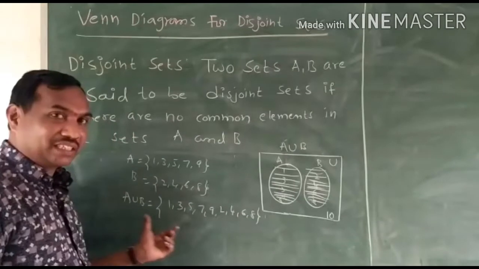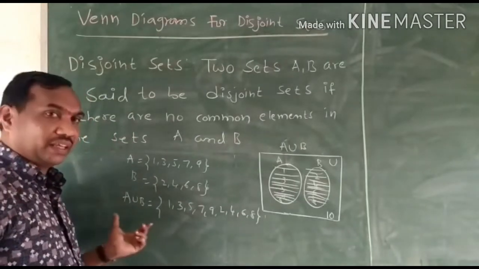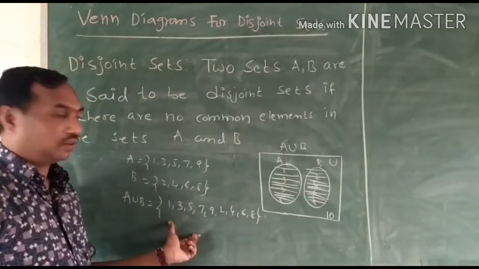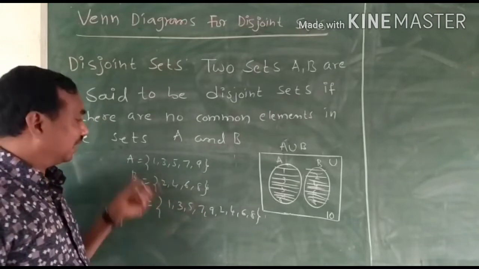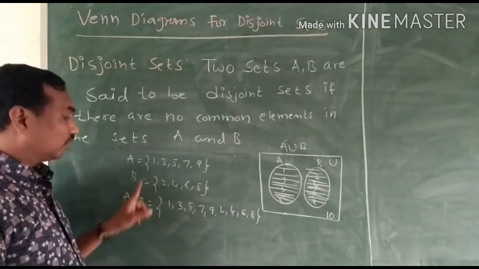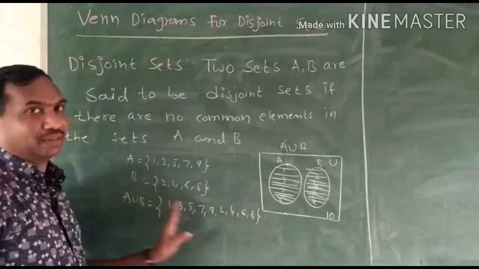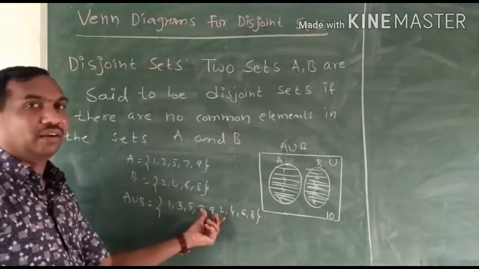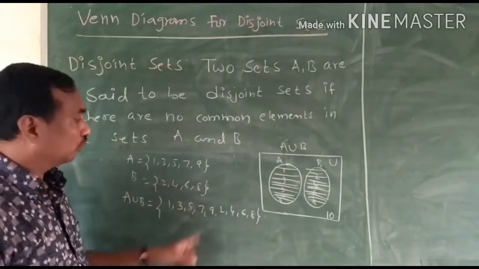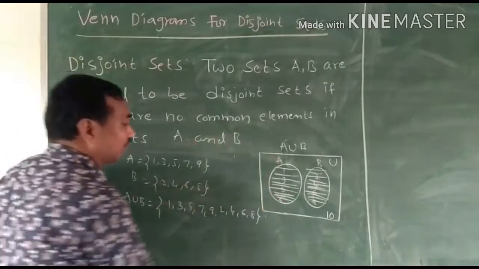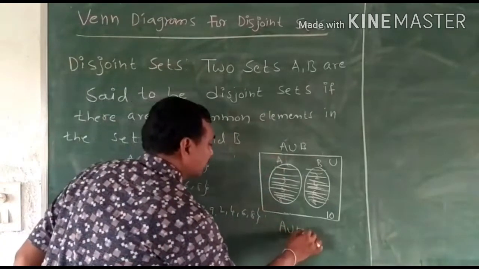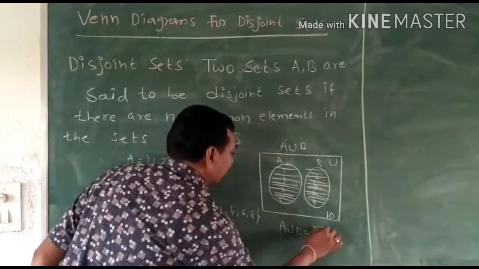Because we are writing the elements in roster form, order is not important. We need to present all the elements, but order does not have any priority. Here the shaded area represents A union B.